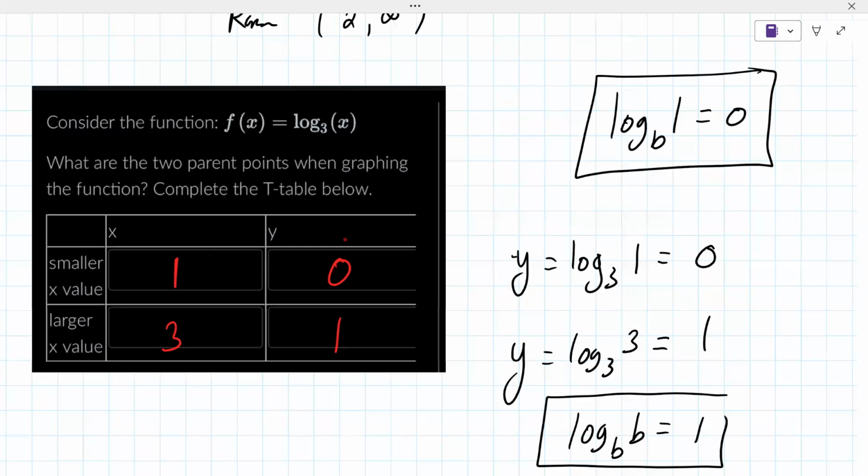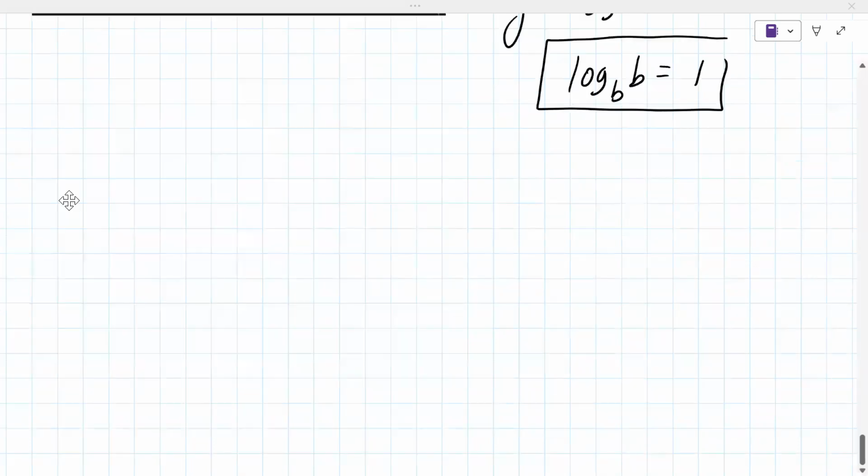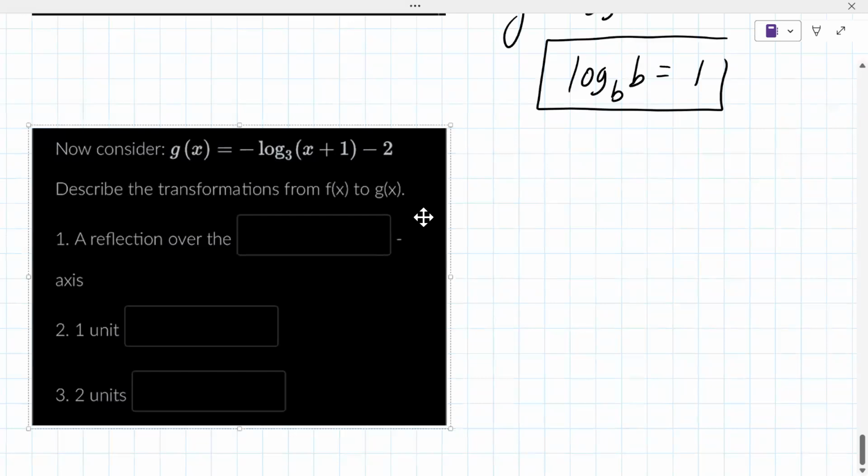All right. Any questions on that before we do the transformation? All right. So this time they give you the new function and they ask you what are the transformations. They're kind of nudging you in the direction of what they are.